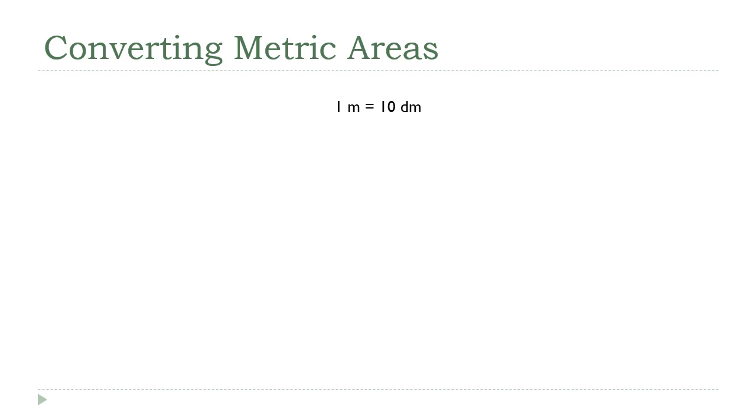So what I want to do here is take this conversion factor: 1 meter is equal to 10 decimeters. And I want to see how I can turn this into square meters and square decimeters. We could do this in a similar way to what we did with the imperial and US measurements, where we drew a square and saw how many squares it took to fill it in.